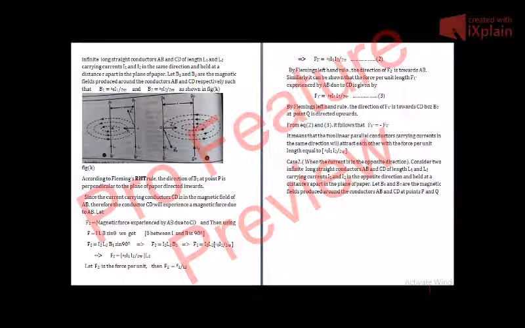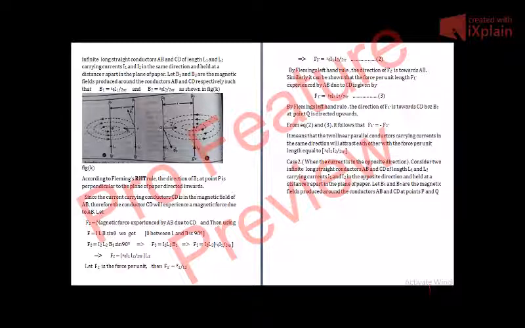The force experienced by CD will be directly proportional to the current flowing through CD. It will be directly proportional to the length of CD. And it will be directly proportional to the magnetic field B produced by AB.